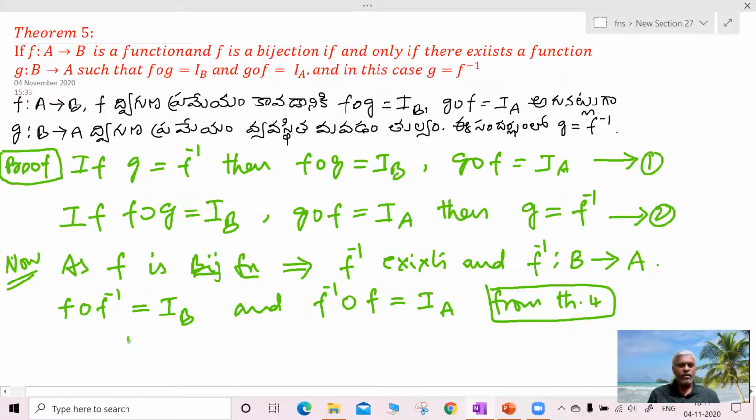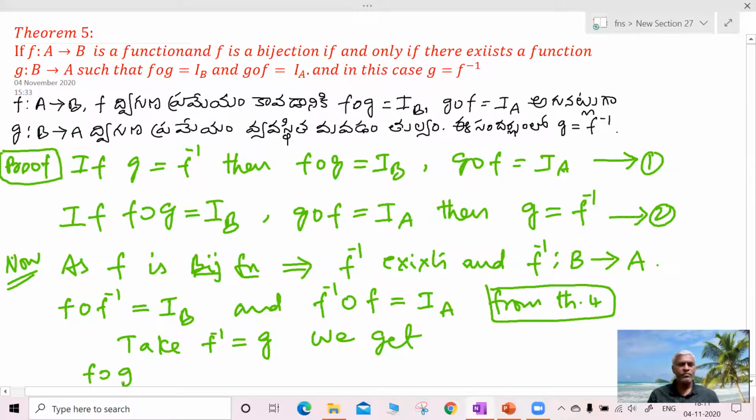Now take g is equal to f inverse, or in place of f inverse substitute g. We get f circle g is equal to IB. I am replacing f inverse with g. g circle f is equal to IA.